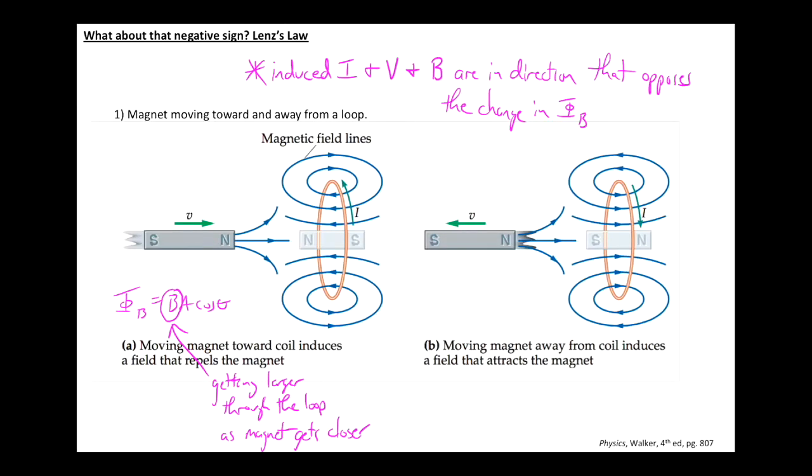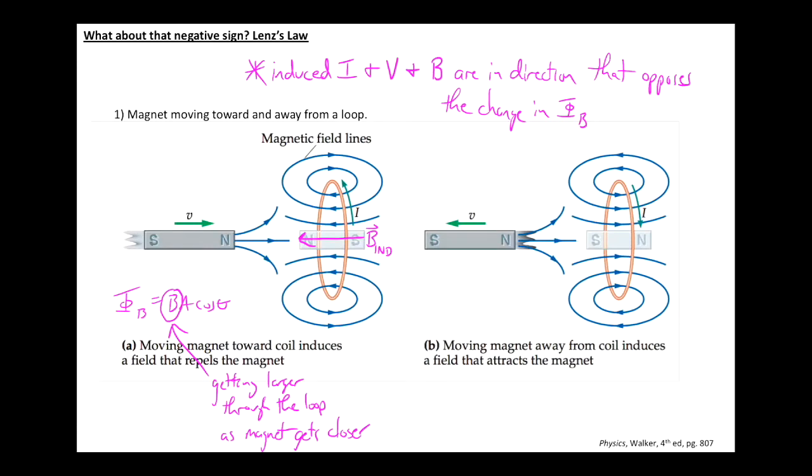Do you follow that first of all? Okay? Once we have that, we could say that, through the middle of the loop, we have a magnetic field vector that points this way, which is induced. That's not the magnetic field vector that's coming from the magnet itself. This is a magnetic field vector that's being produced by the loop.